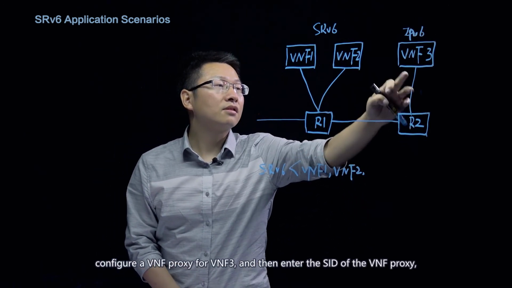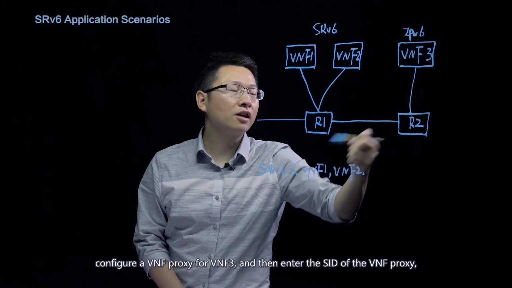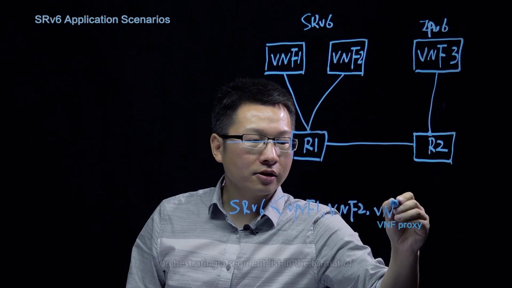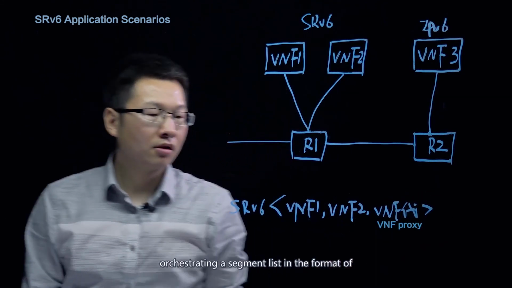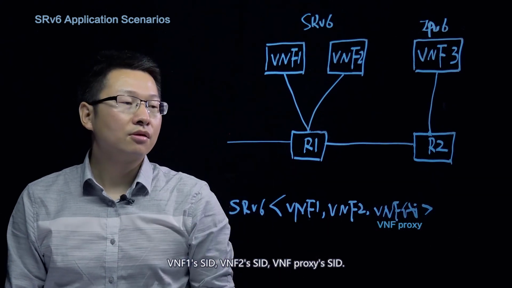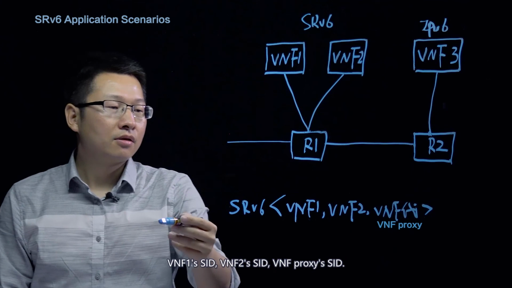In this case, one can enter the seeds of VNF1 and VNF2 in sequence, configure a VNF proxy for VNF3, and then enter the seeds of the VNF proxy, orchestrating a segment list in the format of VNF1 seed, VNF2 seed, VNF proxy seed.